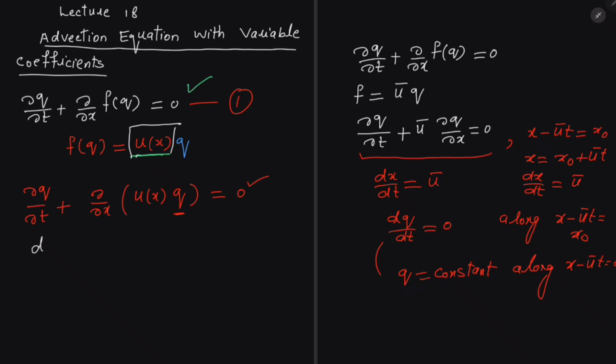Suppose we follow the same pattern as we did for the advection equation: dx by dt is equal to u of x.